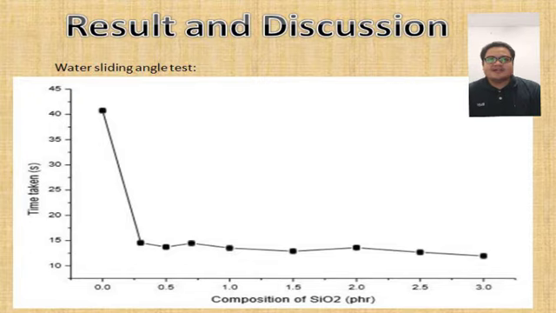From this graph, we can say that the higher silicon dioxide addition resulting lower time taken for the water droplet to slide down. This indicates that addition of more silicon dioxide make water easily mobile on the surface.